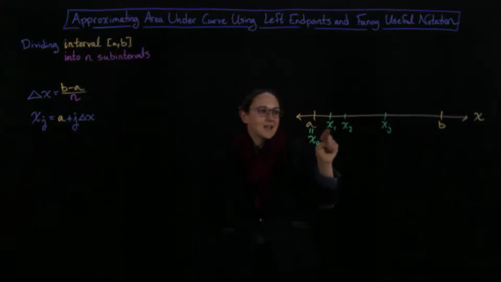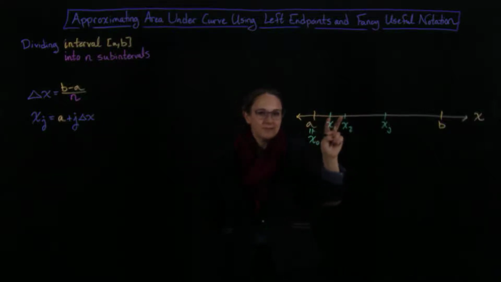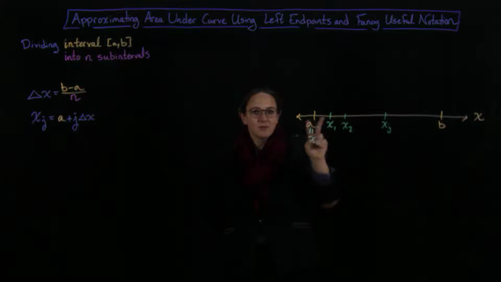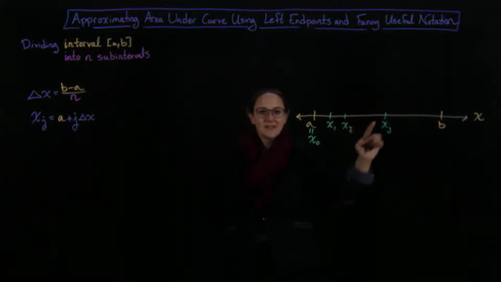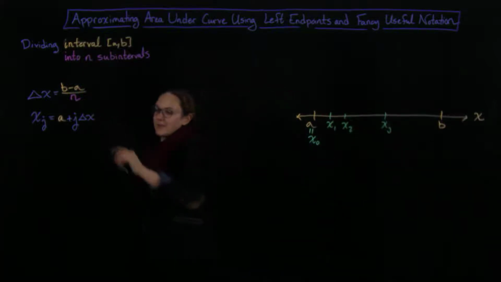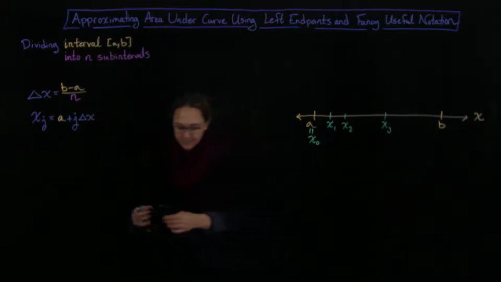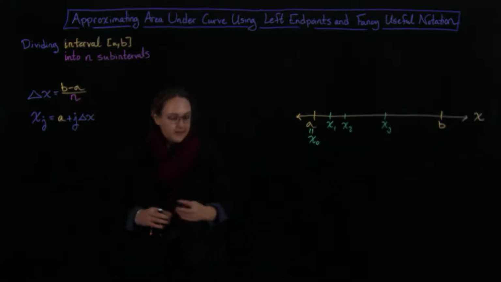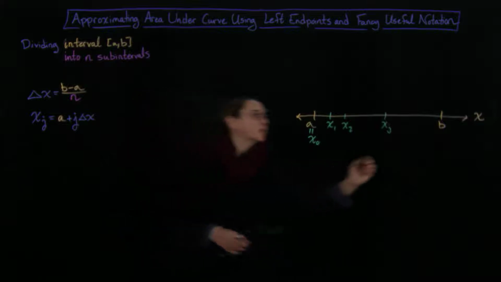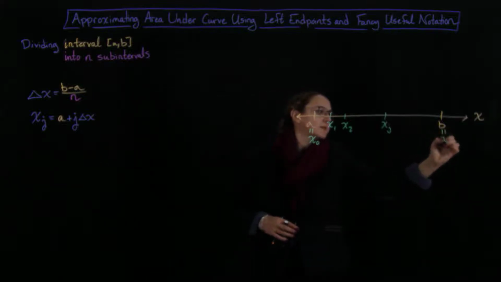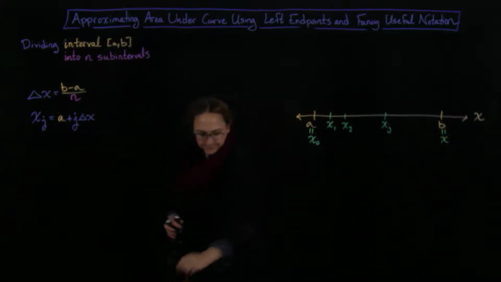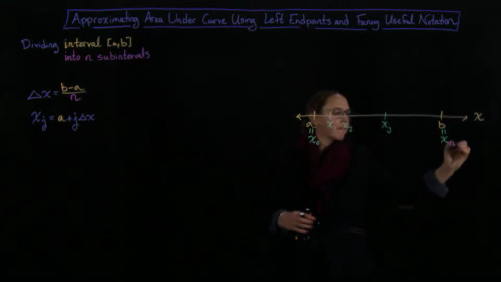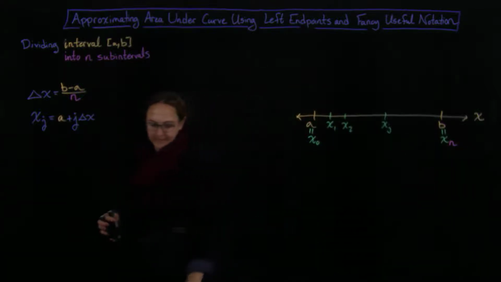To get to x1, I had to move over one copy of delta x. To get to x2, two copies of delta x. To get to x3, one, two, three copies of delta x. To get to xj, I have to move over j copies of delta x. So that's where that comes from. Another tricky thing to remember is that the last one is xn.